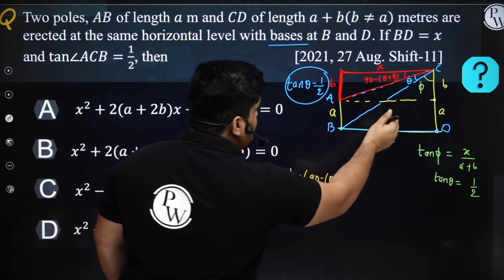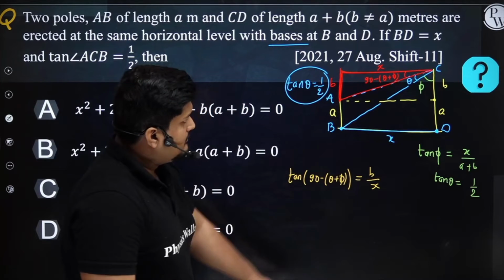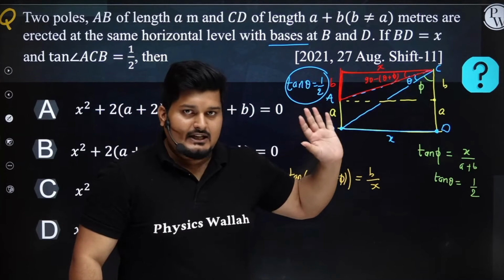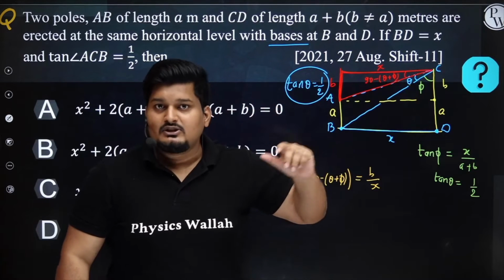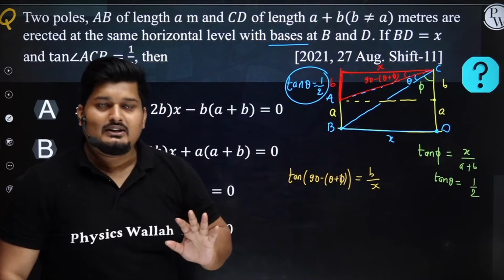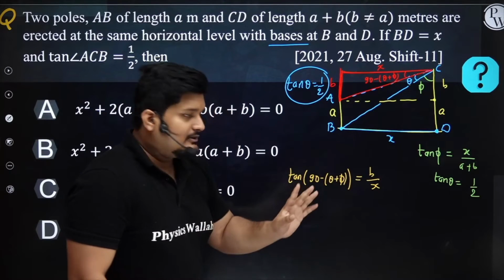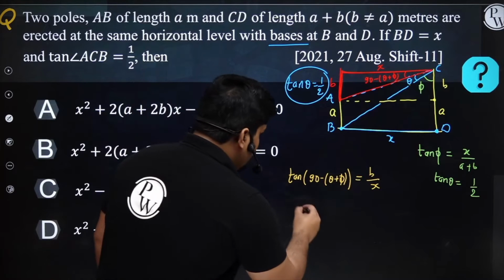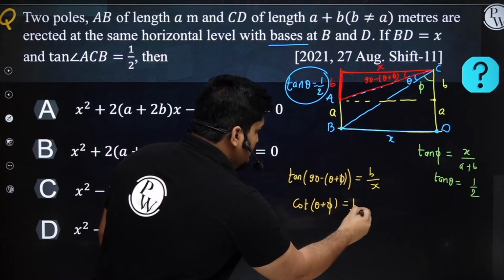I have completed this rectangle here. So this is theta, phi, overall angle will be 90. So the other angle will be 90 minus (theta plus phi). So that is equal to perpendicular b divided by x. So tan of 90 minus (theta plus phi), what is it? Cot (theta plus phi). So cot (theta plus phi) is equal to b by x.